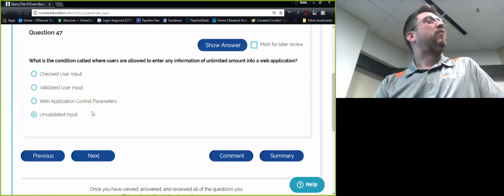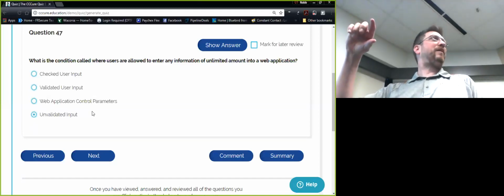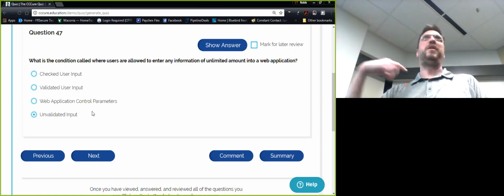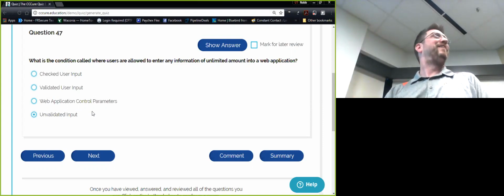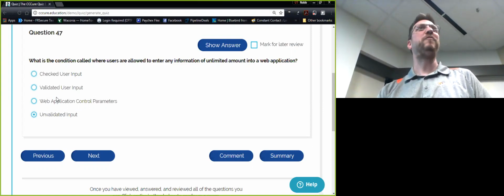I had one at a place I worked, we had a web application with unvalidated input. It was an email, and they didn't validate the address, so they were putting in an internal address, spitting out spam. Yeah, that's what you would do. We were like, wait, why is this going out? And they're like, what do you mean? Nobody can do that.